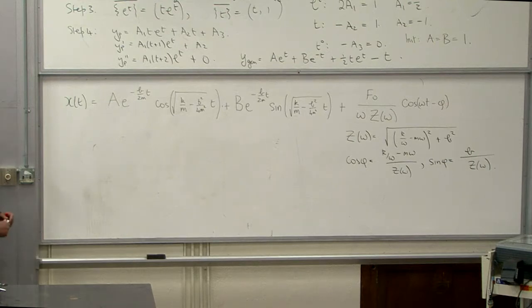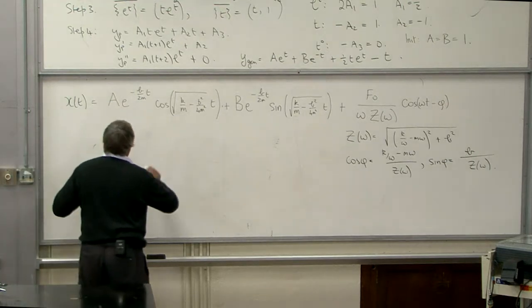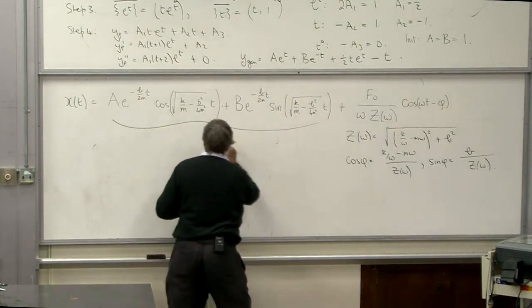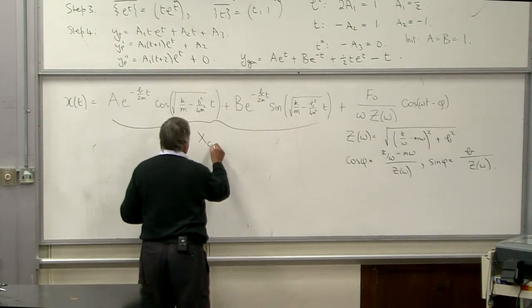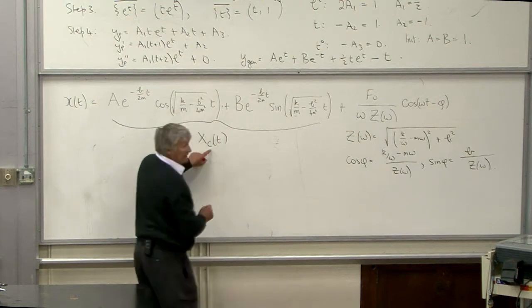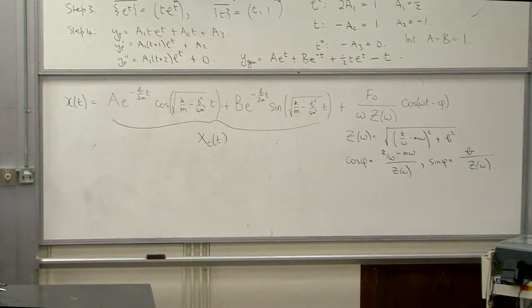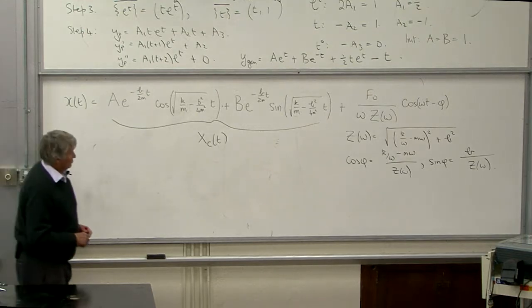This part of the solution is sometimes given the notation x_c of t. C stands for complementary function. I don't know what the origin of the use of the word complementary function was, really.